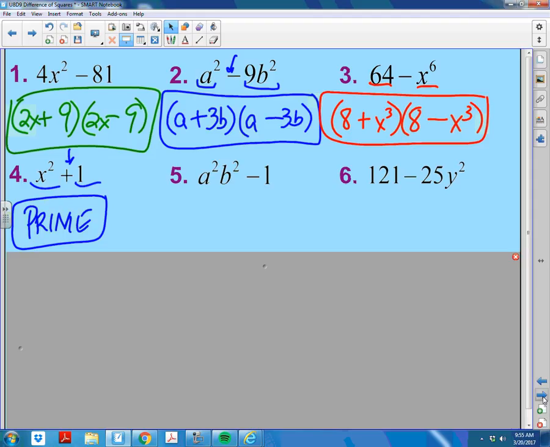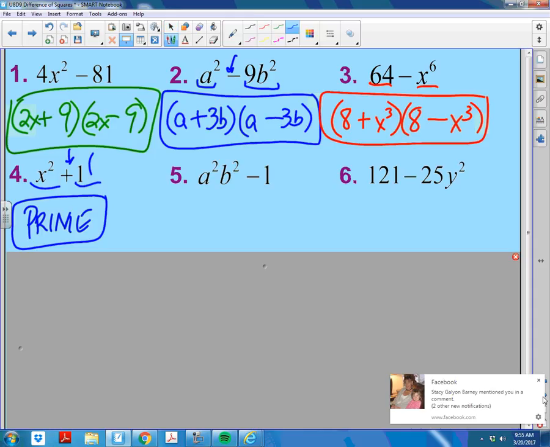What prime means is what? There are no factors other than 1 and itself. You actually cannot factor perfect squares with an addition sign in the middle. It's impossible. You could find none, no parentheses, guys, that could ever get you that one. It's impossible. You know why? Because they don't cancel out.